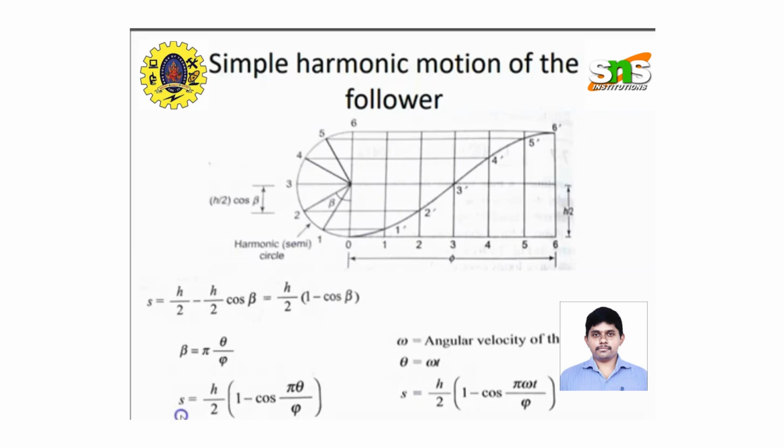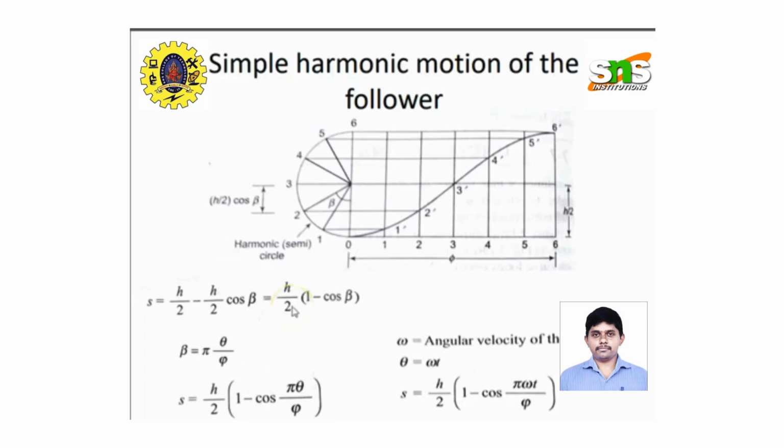Let me start with the small procedure: how simple harmonic motion plays a role, or how we can draw the diagram which represents the follower motion in simple harmonic motion.